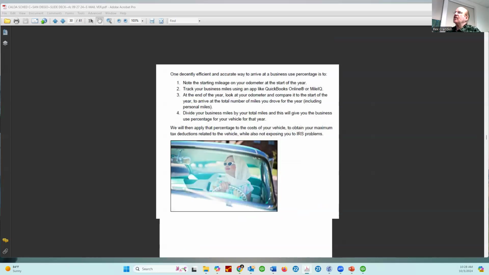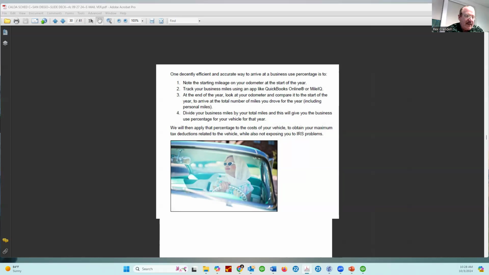You should record the mileage on your car every year at the beginning of the year so you can track your expenses. There is a place where you can put it in QuickBooks or just put it on paper. At the end of the year, you look at your odometer again and compare it to figure out your total miles driven, and then get your business miles to come up with the business expenses for that year. People ask, how do I get the business use percentage?